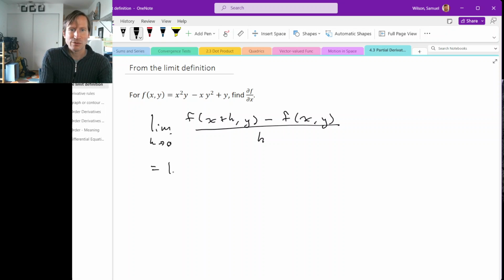Okay, so limit as h goes to 0 of f of x plus h comma y.